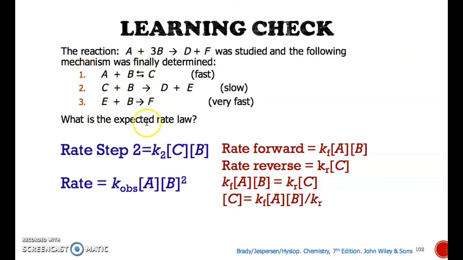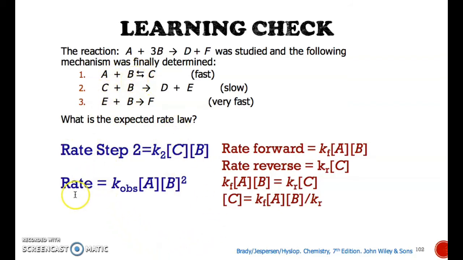What is the expected rate law? We identify the first as fast, the second slow, and the third very fast. So for the slow step, we identify it as the rate law. We look at this rate for step 2, k2, and this is the reactant.